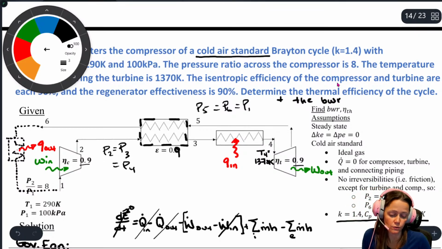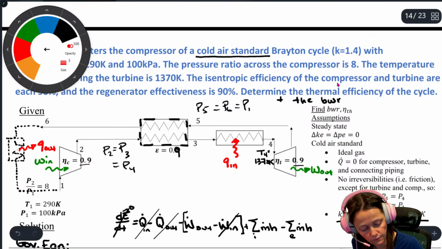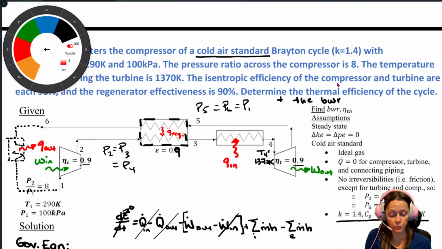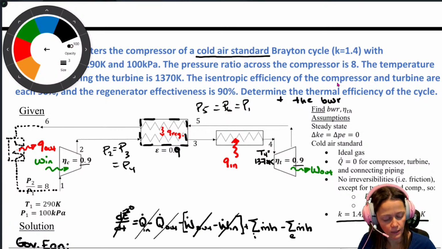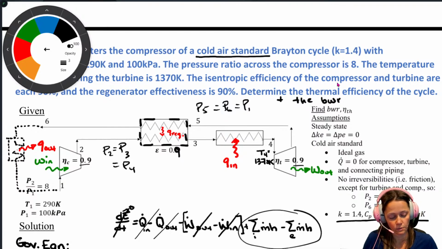If you applied your first law there, you wouldn't have any heat transfer. Yes, you have some Q regen here, but there's no heat transfer across your dotted line. So all you're going to have left is the sum of the m dot h's going in and out. You could put those in terms of CP delta T's.